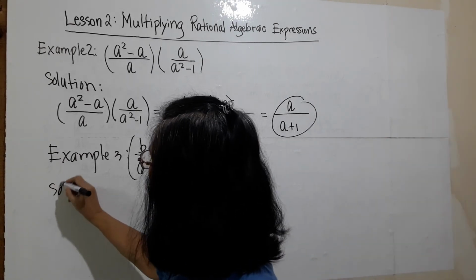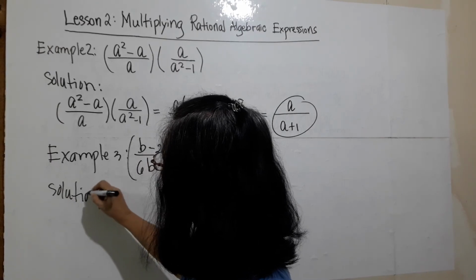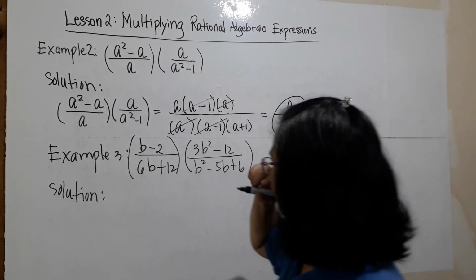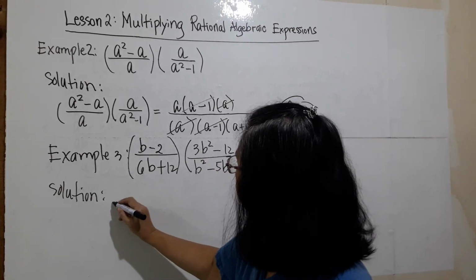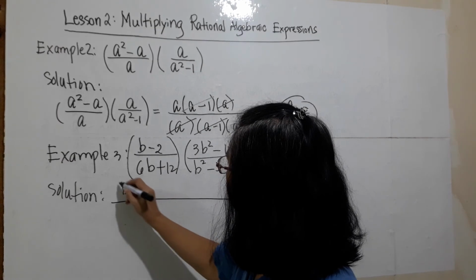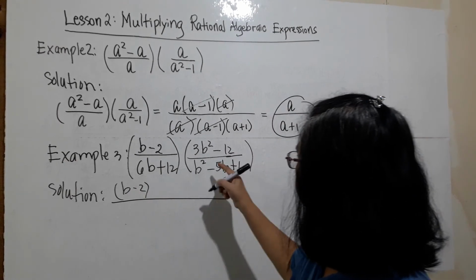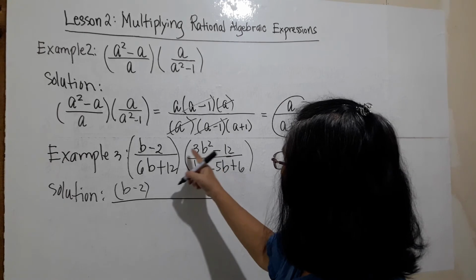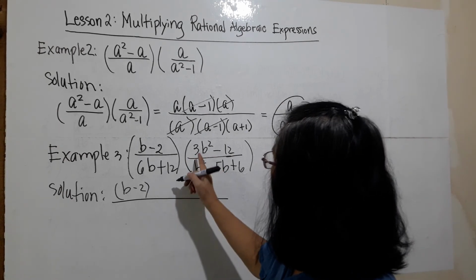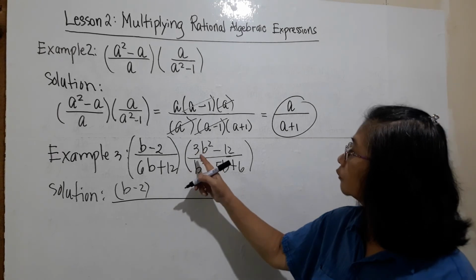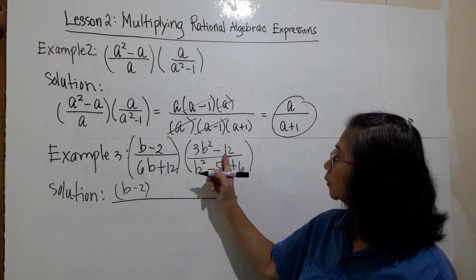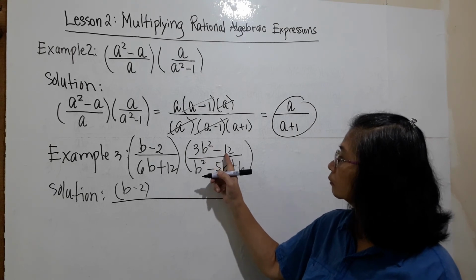Okay, for our solution, let us first copy. So we have here b minus 2, which cannot anymore be factored. But for the numerator of the second factor, we still can. What is the common factor between 3b squared and 12?